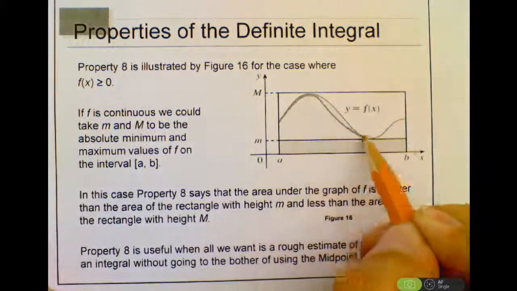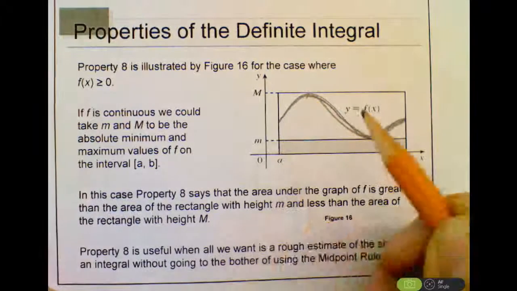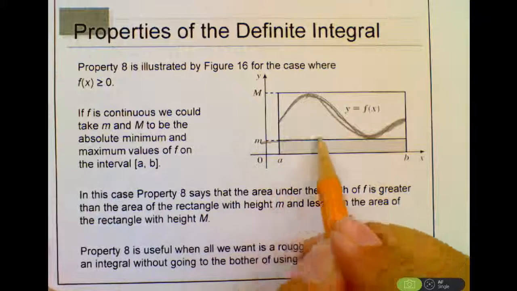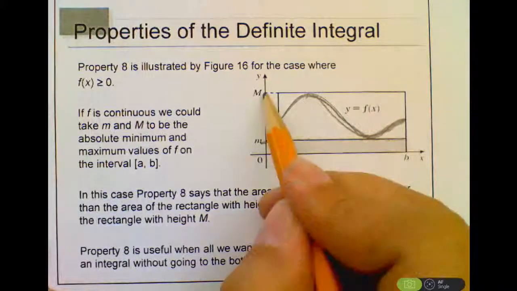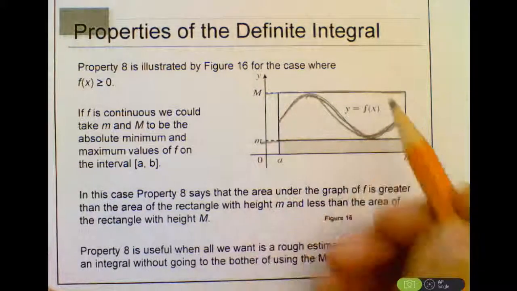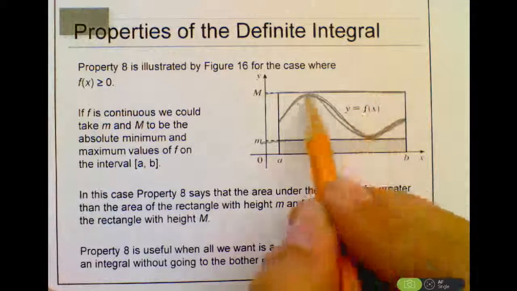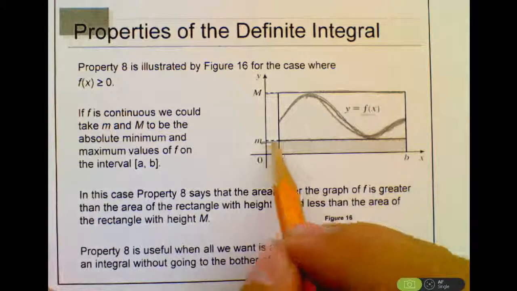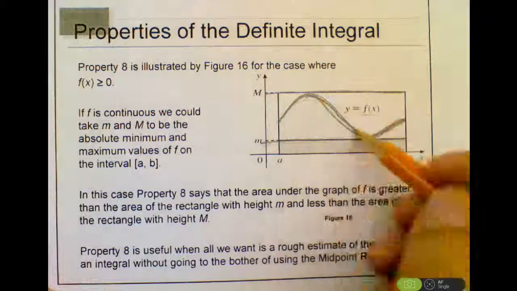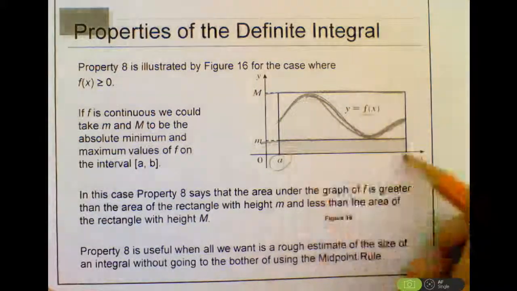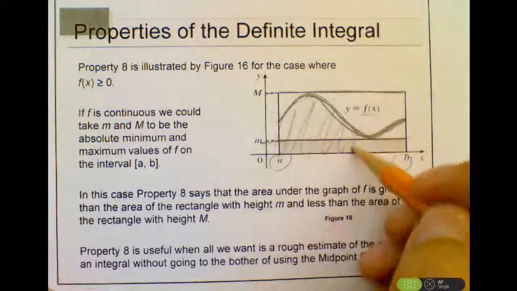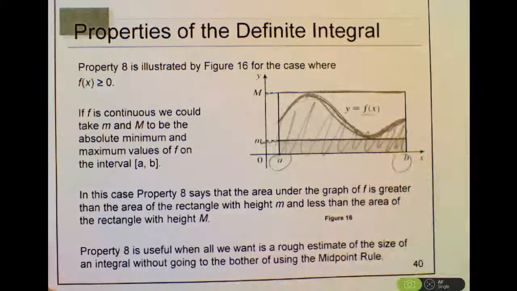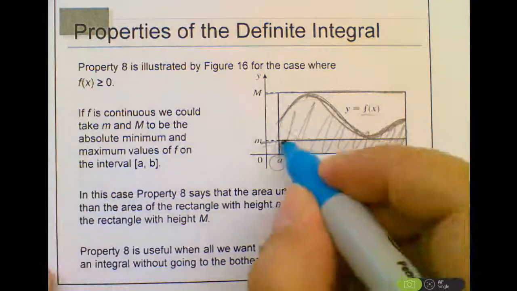In here I have my function f for which there are values, let me call this small m, let me call this capital M. So this is the highest value that f can take, and this is the lowest value that f can take. So the value of the integral between a and b, this area, is going to be a number that is going to be between the area here, right?